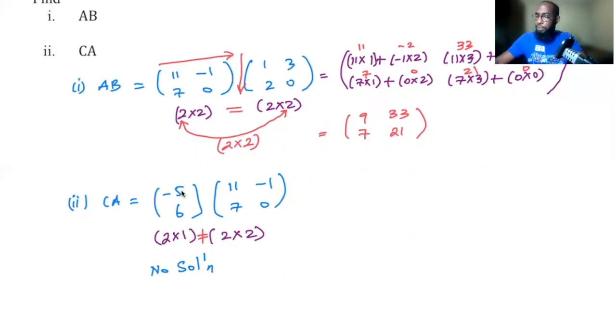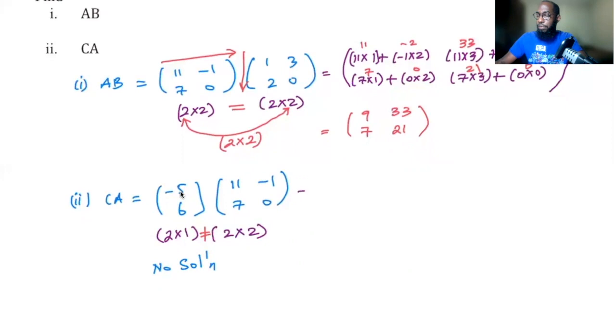Because let's try to work it out. If you see row by column, all right, so we have -5 by 11, plus we don't have a number here to multiply by the number below, because we have 2 numbers here.